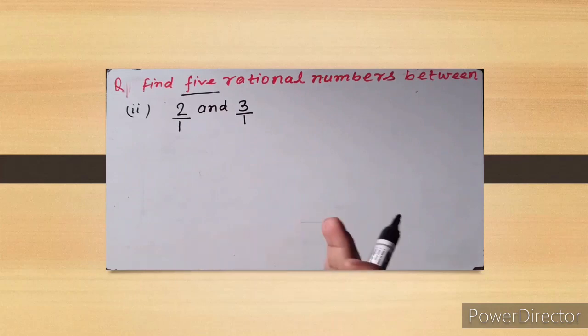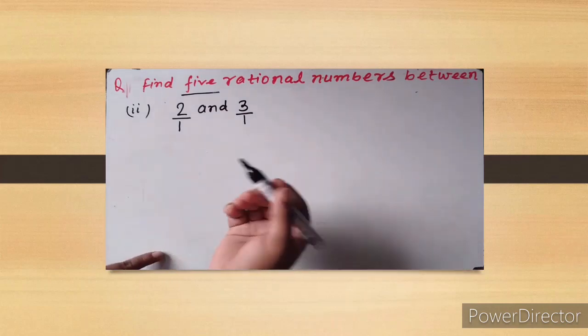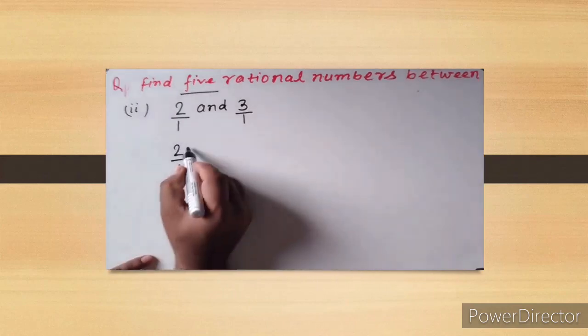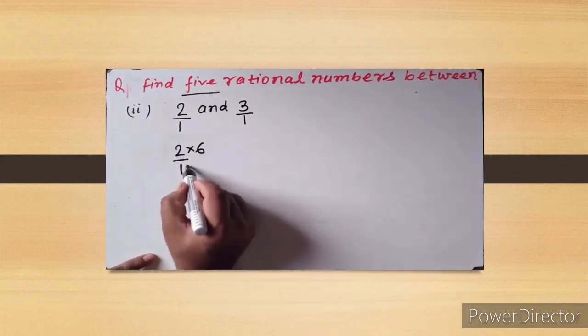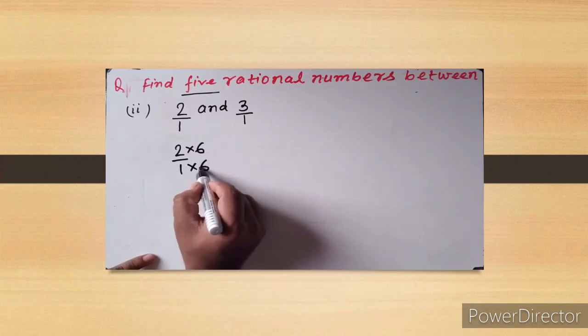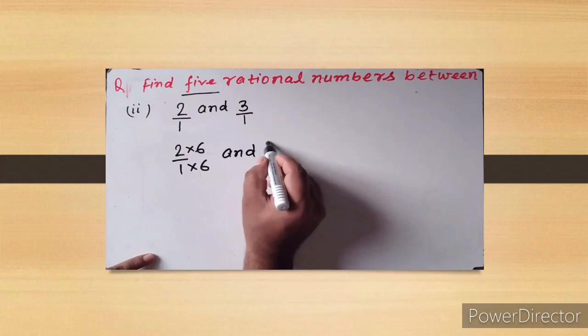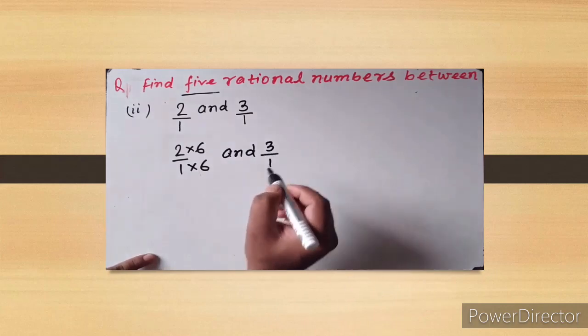So we will take ahead of 5, what? 6, and we will multiply 2 by 1, its numerator by 6, and this denominator also by 6, and this is 3 by 1.